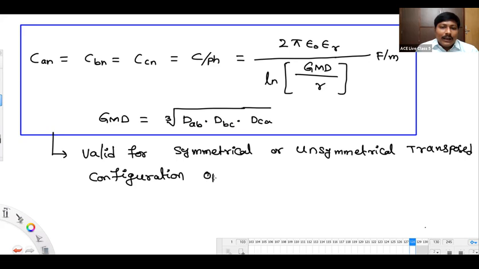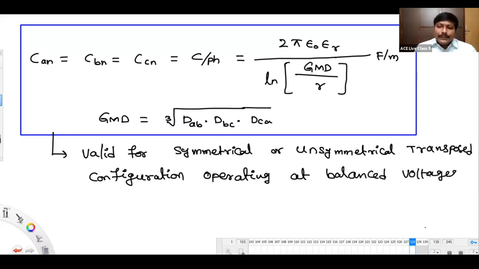Operating for balanced voltages. Earlier we wrote operating for balanced currents; now we have to say operating at balanced voltages.